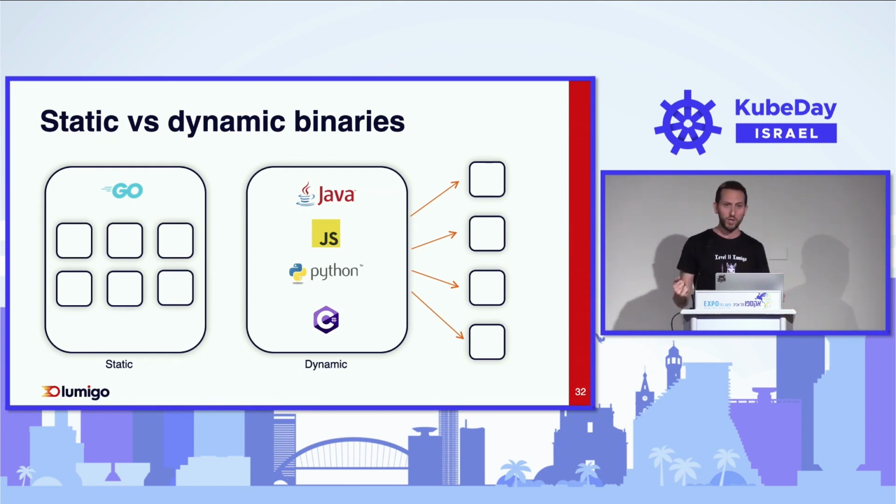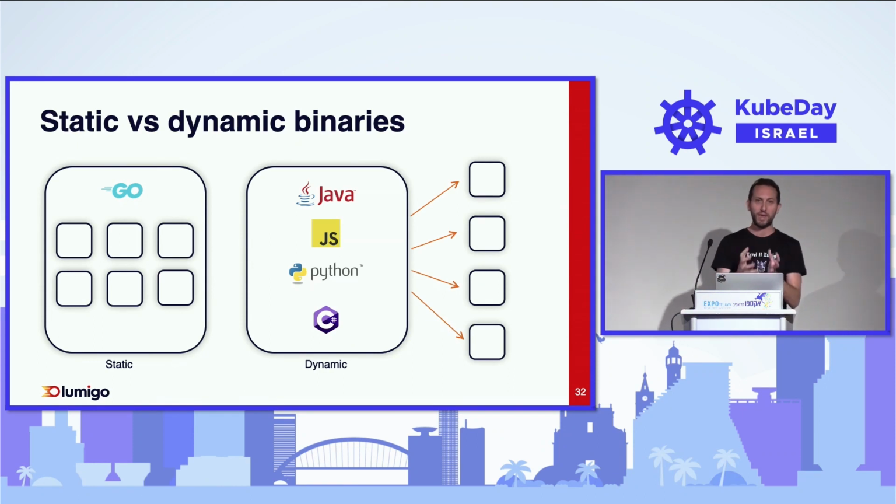Statically compiled applications result in an application, a binary mostly, that is self-contained. It includes all the packages, all the code, all the libraries that it needs in order to run. It does not rely on anything external. Dynamically compiled applications are different. These are how most applications are compiled, and they actually rely on external libraries, on DLLs.